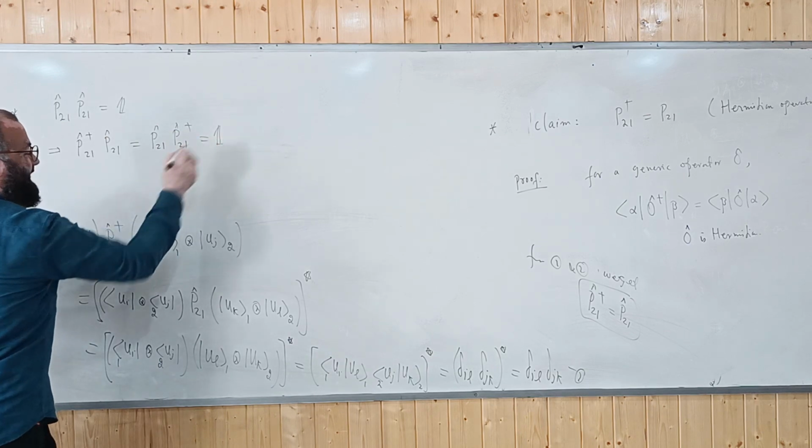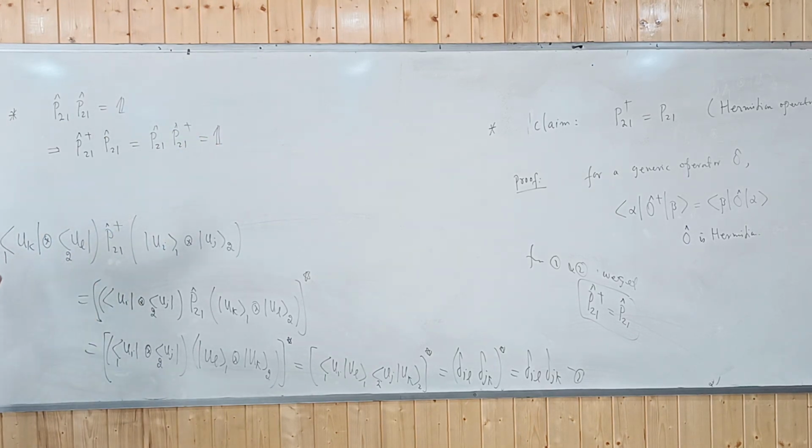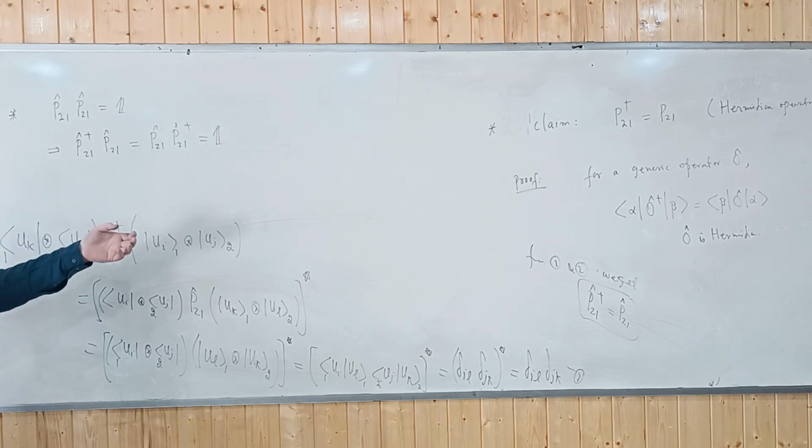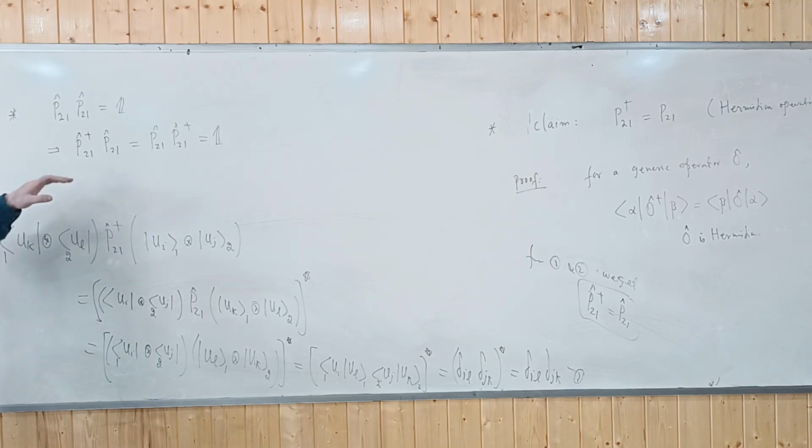That's equal to identity. Now tell me, if you are having the matrices satisfying this condition, what you call them? Unitary matrix. If you are having U dagger U is equal to identity, we call those as unitary matrices. So that means this permutation operator, it's a Hermitian operator and it's also a unitary operator.